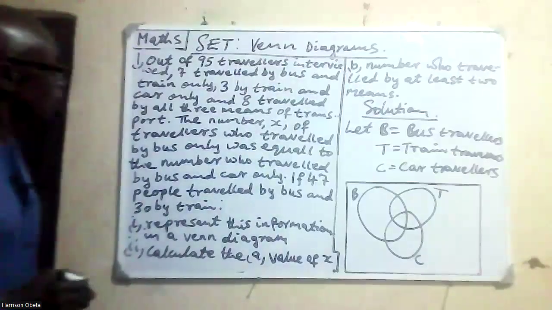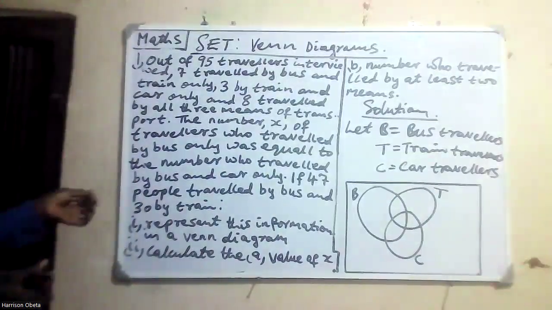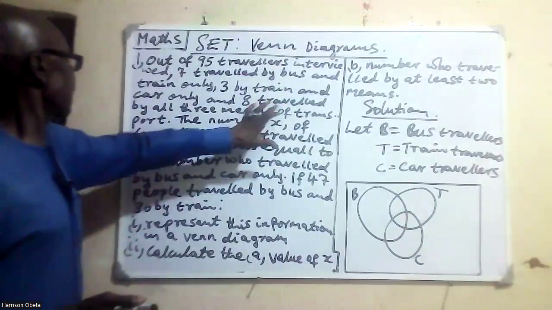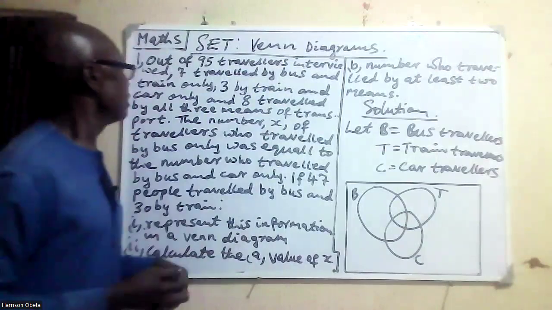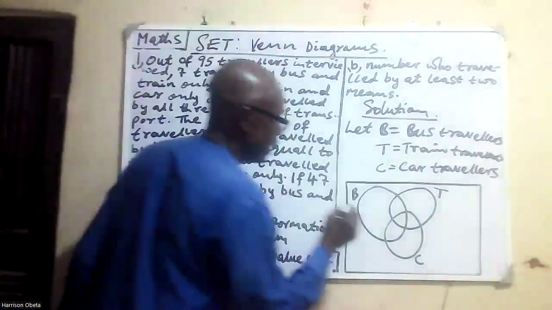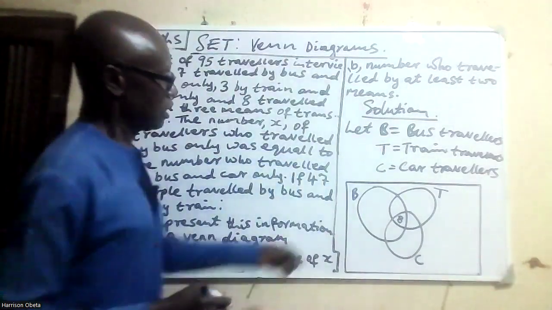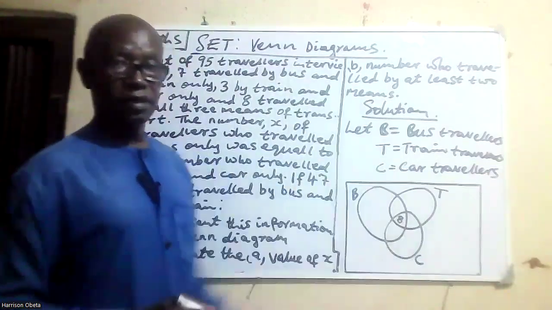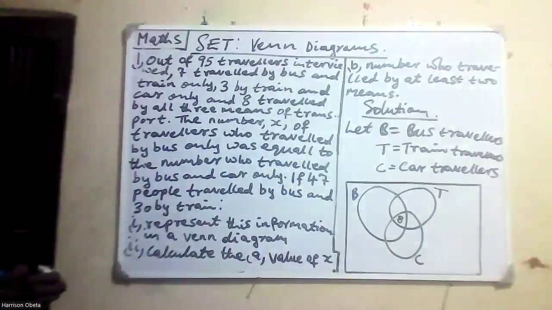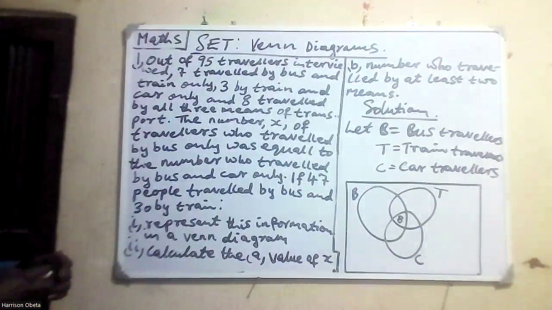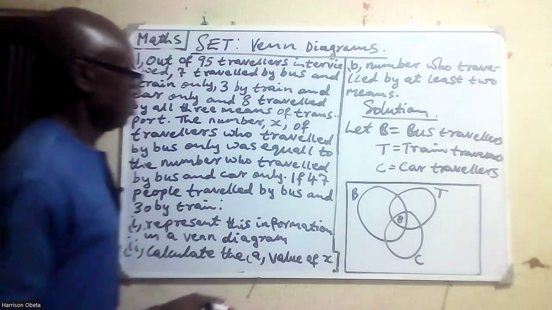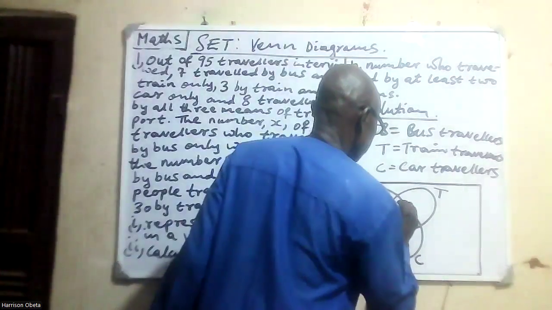Okay. So, well, we are told that it traveled by all 3 means of transport. So the 8 will be at the intersection. That is here, at the intersection. Then again, we were also told that 7 traveled by bus and train only. Bus and train. So this should be 7.